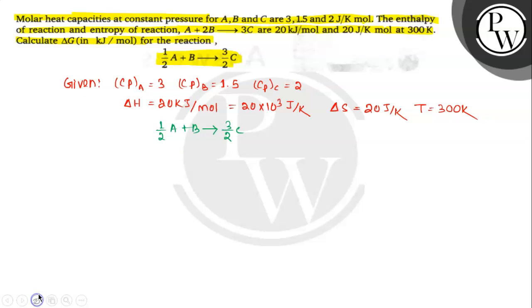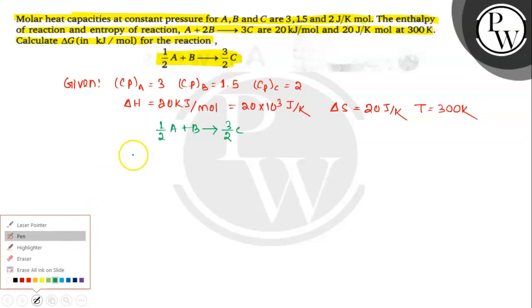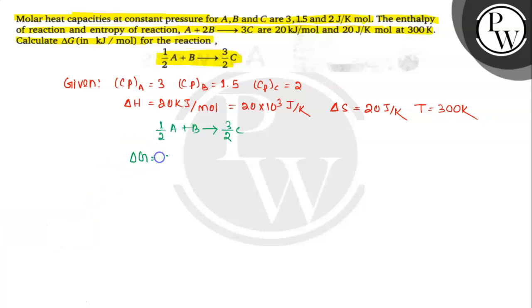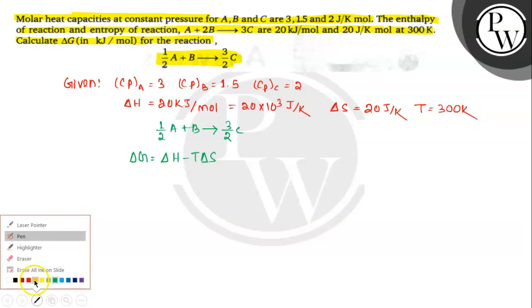We know that del G is equal to del H minus T del S. So here there is no role of any mole or any other thing, because del H is given, T is given and del S is also given. Now we can put in all the values and find the answer easily.